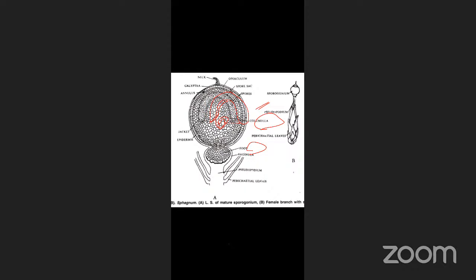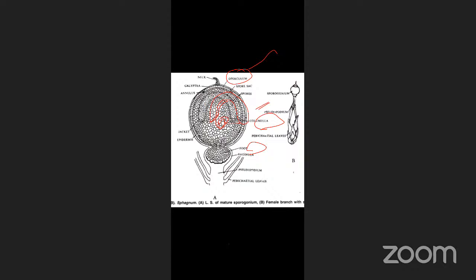The operculum, present at the top of the capsule, also dries and shrinks. Due to this, there is a difference in tensions in this setup. That means inside the columella, the pressure increases.